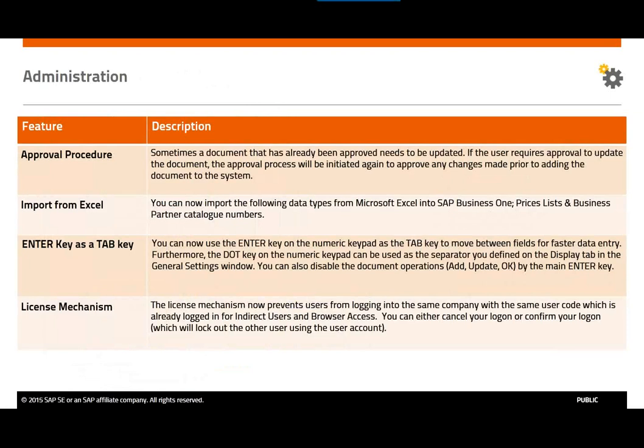And you can also use the dot key on your numeric keypad as a separator that you define on the display tab in the general settings window. So you can also go ahead in that settings window and you can disable the add, update, and OK from using the Enter key for doing that.